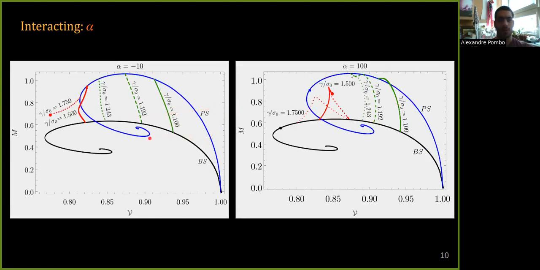If we compare the negative alpha with the large positive alpha, we see that, again, the behavior is the opposite. While one starts at the scalar-boson star, the other starts at the vector-boson star. However, we see that there is a larger impact on the negative alpha than on the positive alpha.